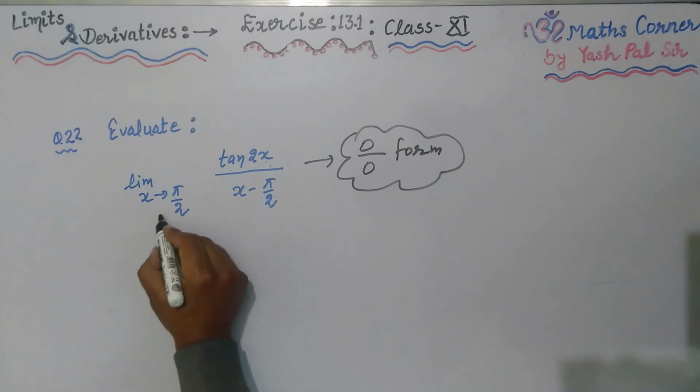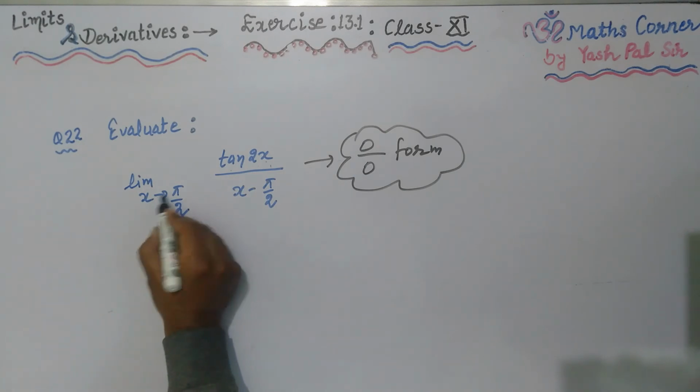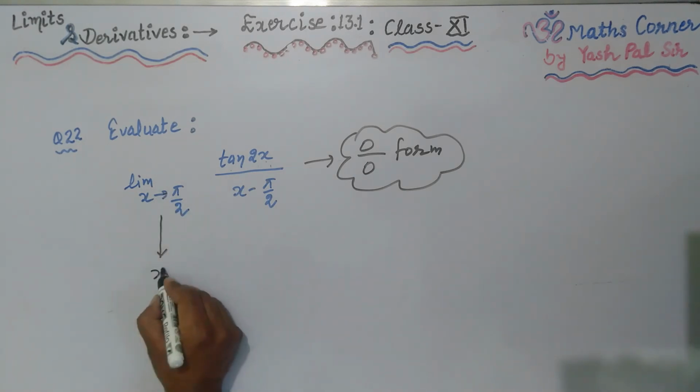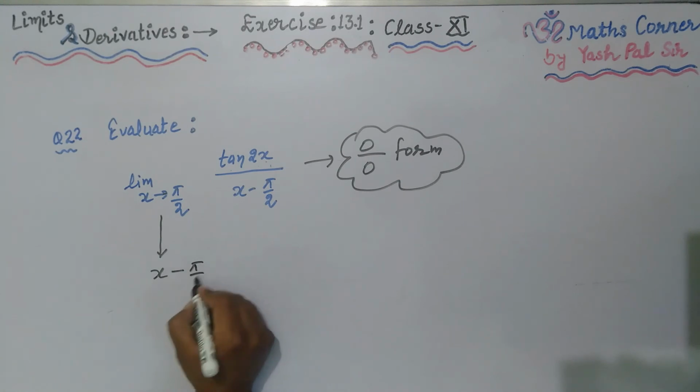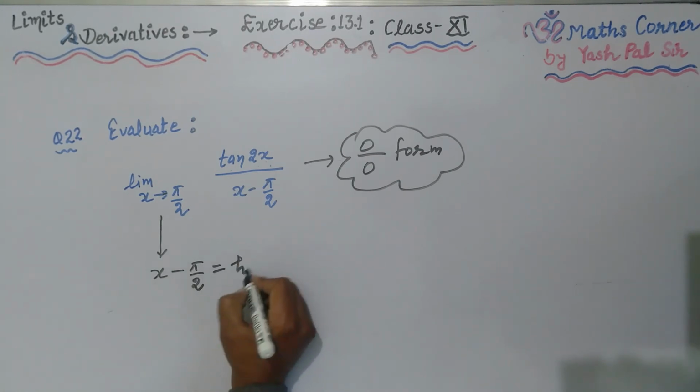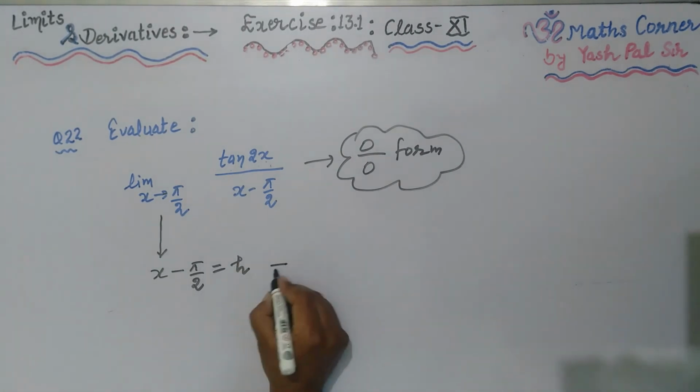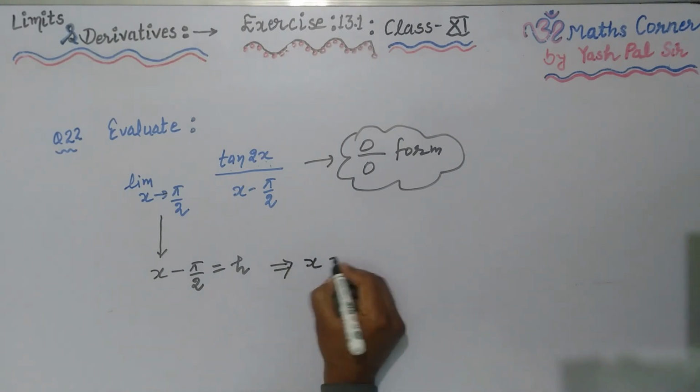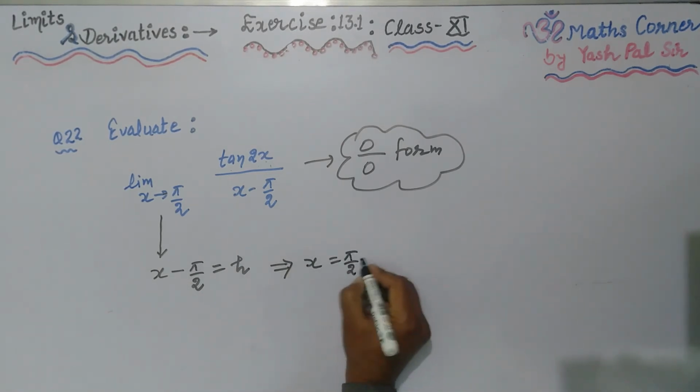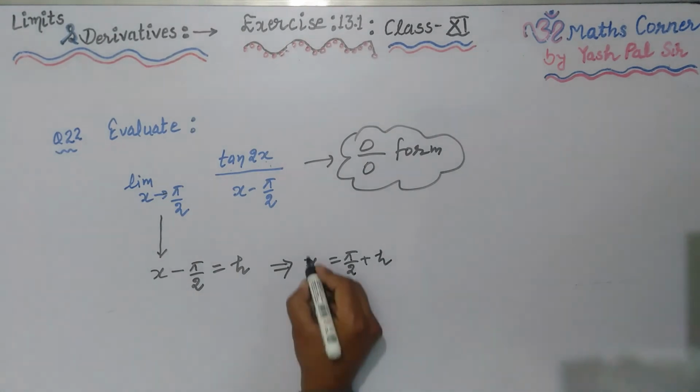I have already explained that we can change this arrow symbol into x minus pi by 2 and we take this equal to h. From here we can conclude the value of x is pi by 2 plus h, right?